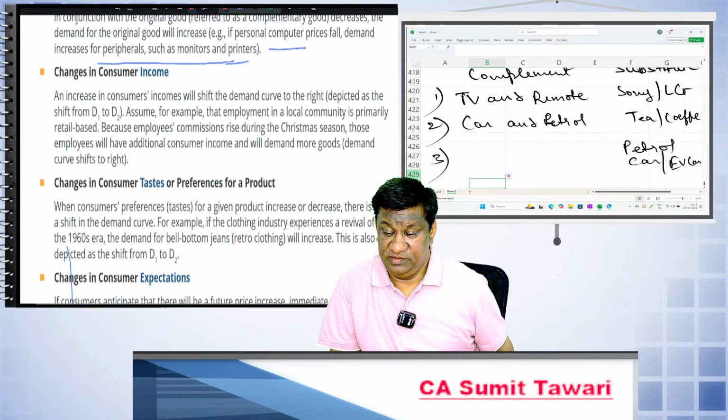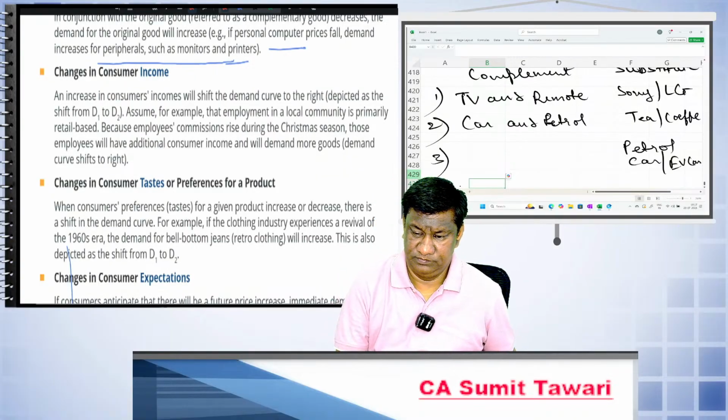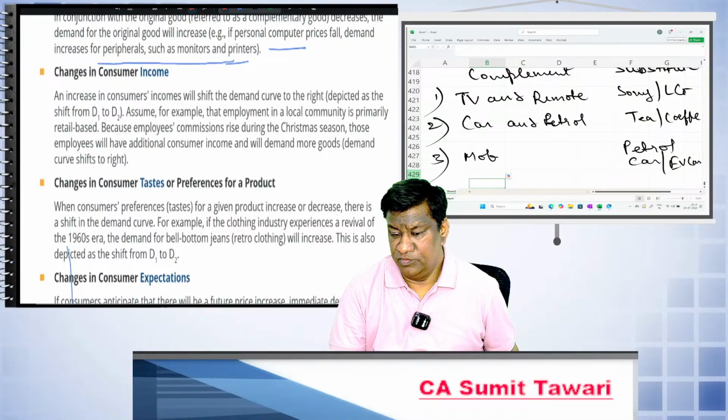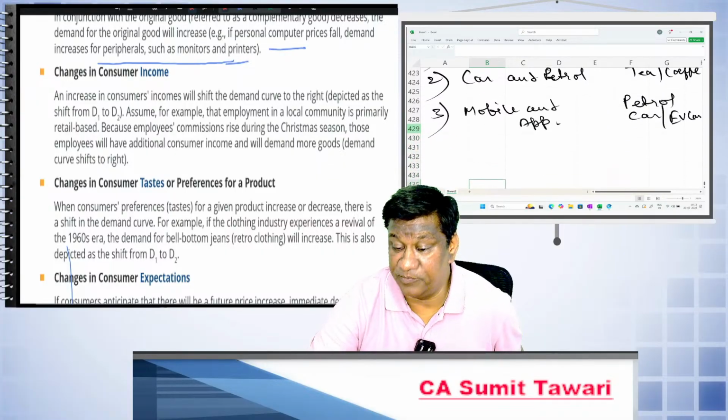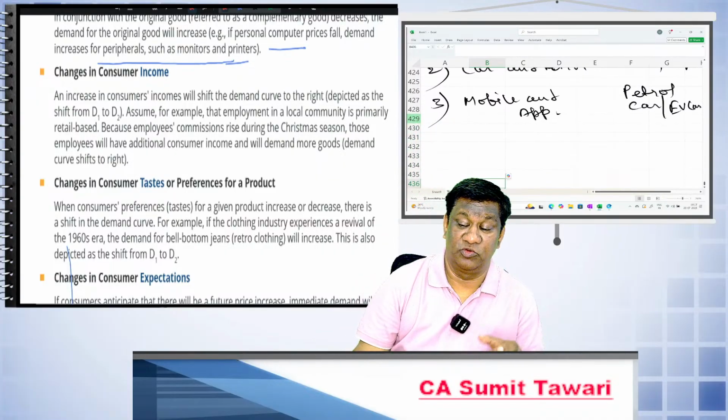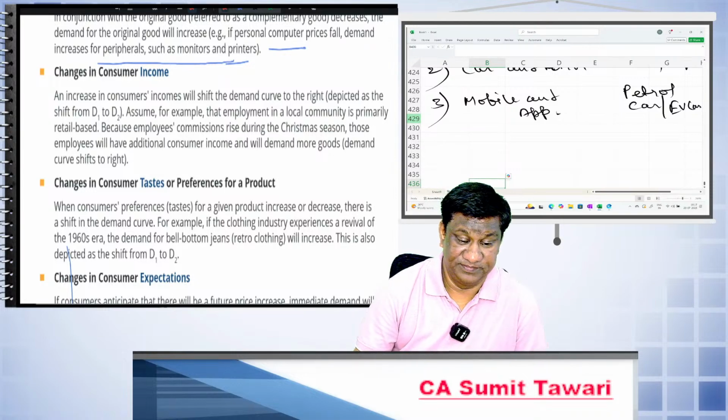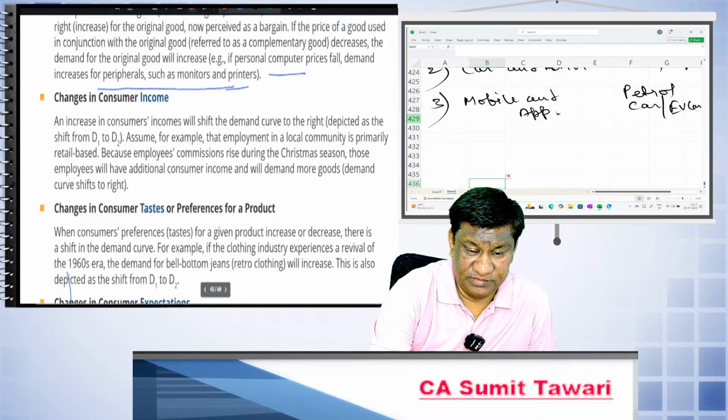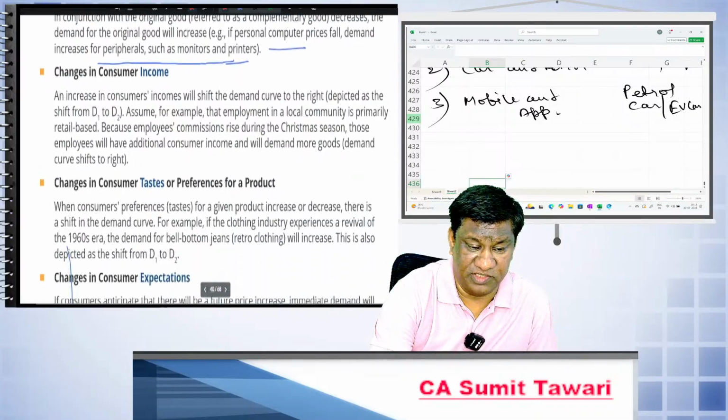And in complement, mobile and accessories, or even apps you can see. Right now you see so many apps on a mobile. So if you're using a mobile, automatically demand for apps increases. Okay, so this is basically the substitute and complement.